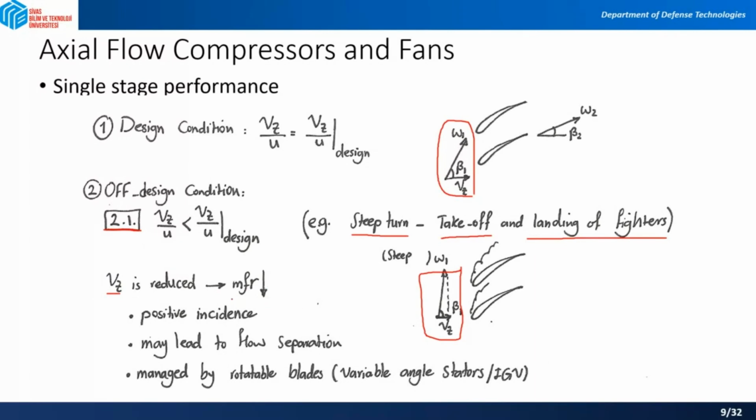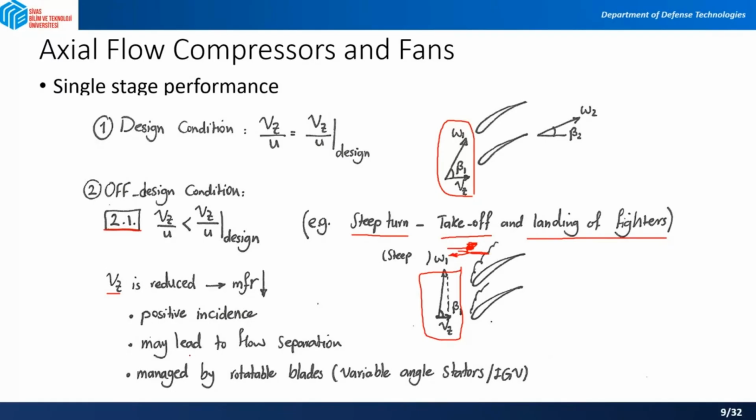Why is the mass flow rate reduced? You see, this is separated, so it's acting like a wall, so not enough mass can pass through this wall, and some of it can come back.